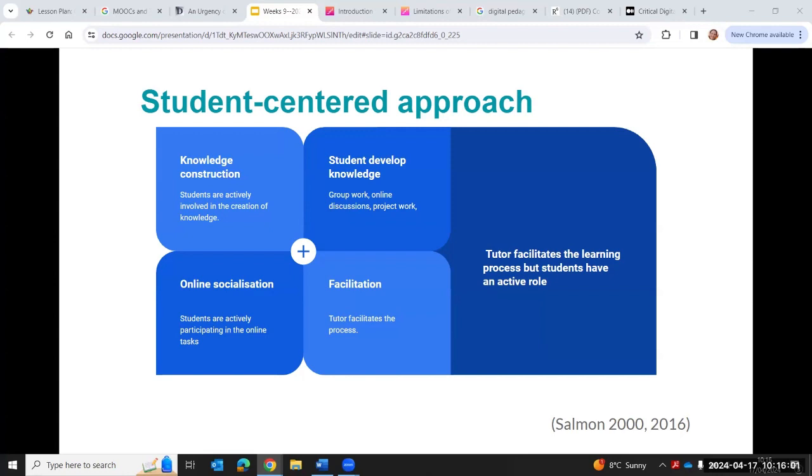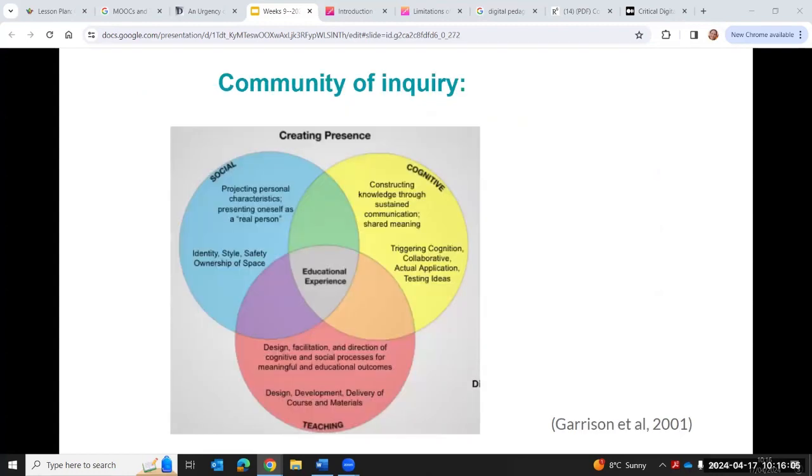Another thing that you could have in the back of your mind is what kind of pedagogies. This is when we start thinking about, what is your philosophy? What kind of philosophy are you developing as a potential tutor in the future?